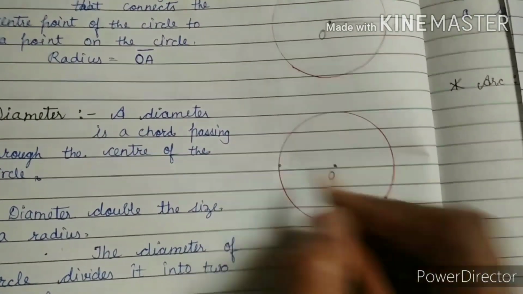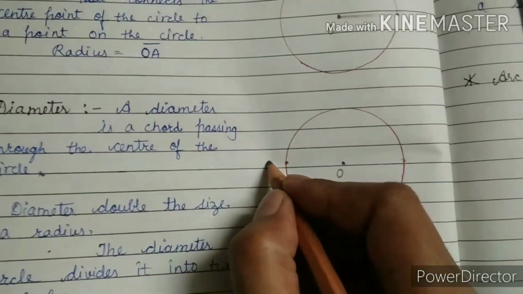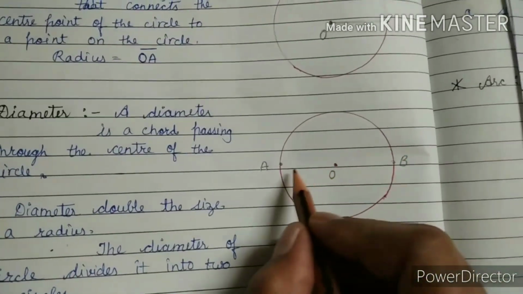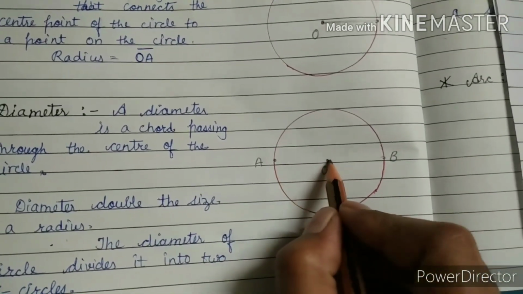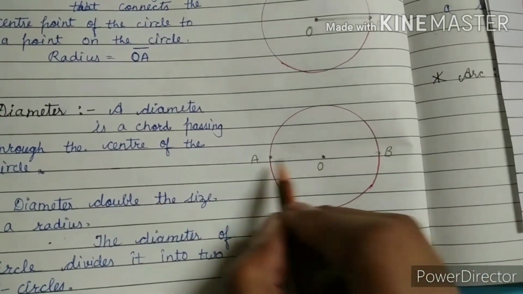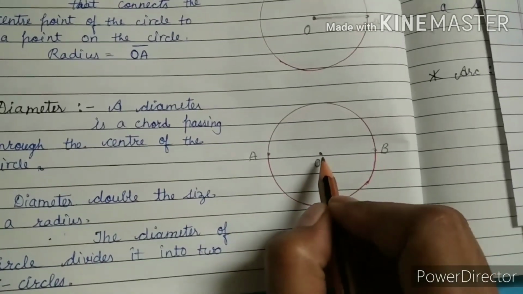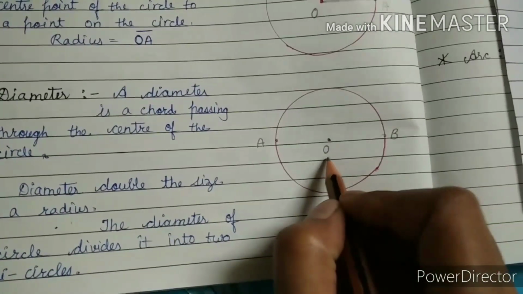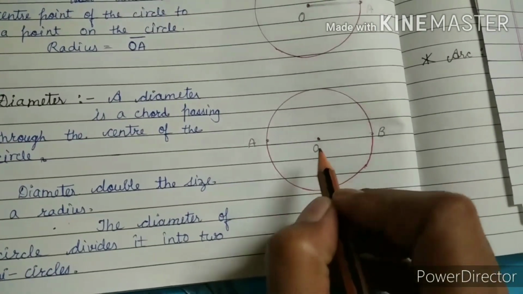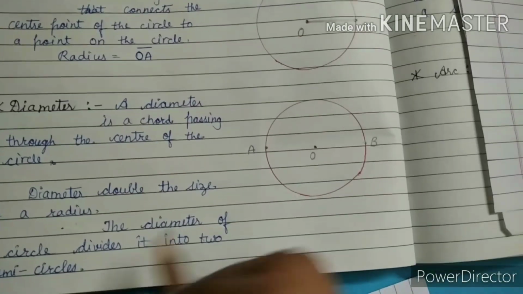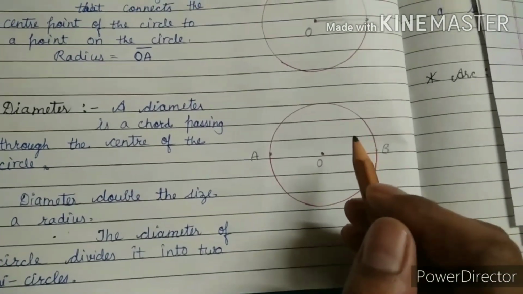When we connect any 2 points on the circle, like here I am putting A, B, and make the line segment that joins A to B but passes through the center point of the circle, it will be called a diameter of the circle.